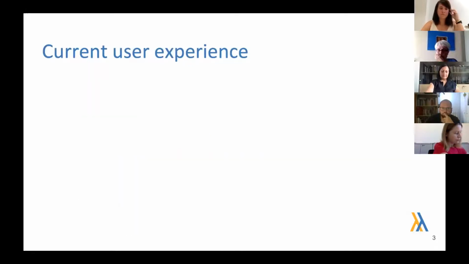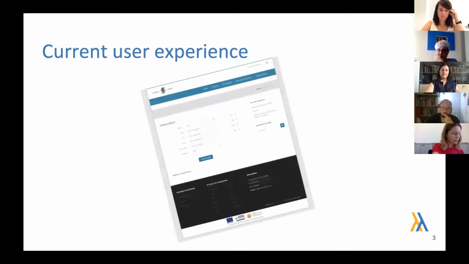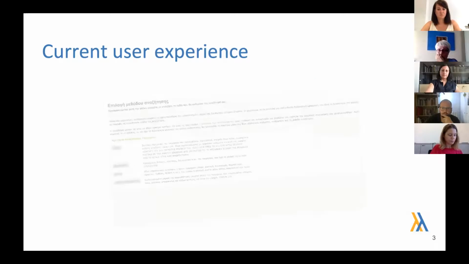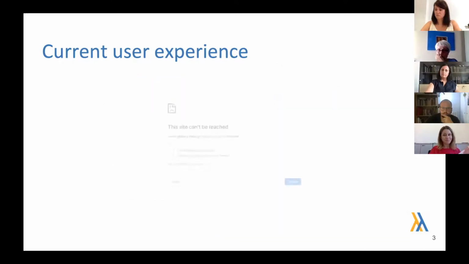But let us first examine the current user experience regarding remote access to the archival records in question. First of all, the user would have to visit 6 different websites, one of them not working, as you can see.